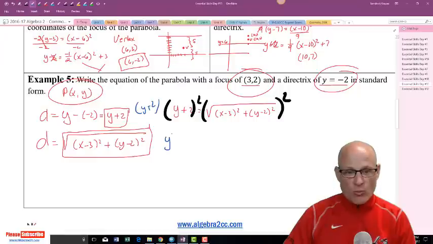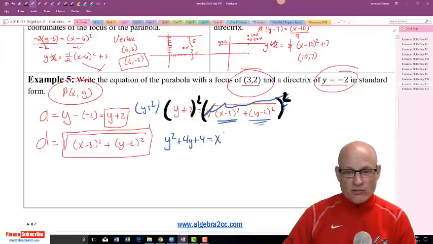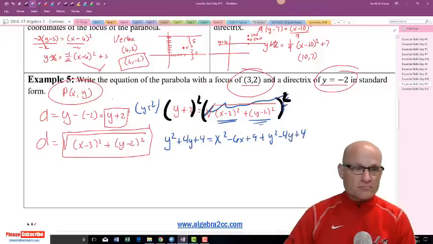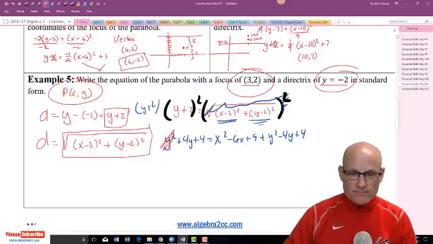So this is going to become y squared plus 4y plus 4 equals, now this square root and this square cancel, but I still got to double distribute that. So x squared minus 6x plus 9 plus y squared minus 4y plus 4. Now if you did this correctly, the y squareds cancel. I'm going to bring this 4y over.